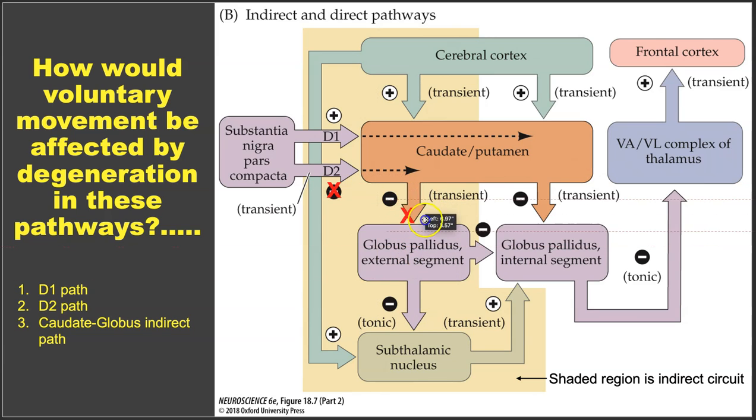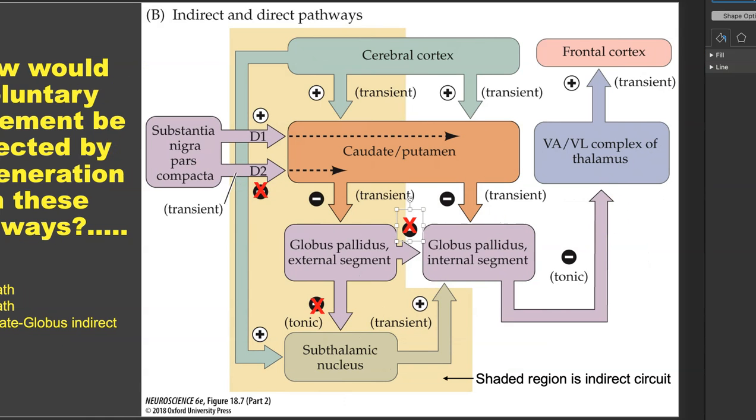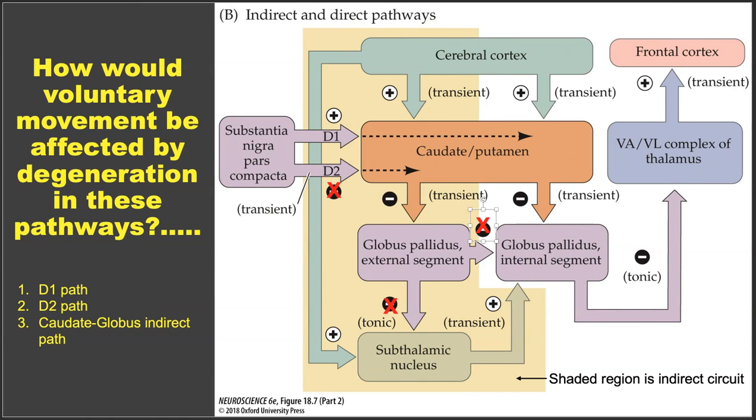They're inhibitory, so that's going to inhibit the globus pallidus. So here we have one inhibitory pathway gone, two inhibitory pathways gone. And once we do that, you can see hopefully that we now have no more inhibition of the subthalamic nucleus, which is a big one, and no more inhibition of the internal segment.